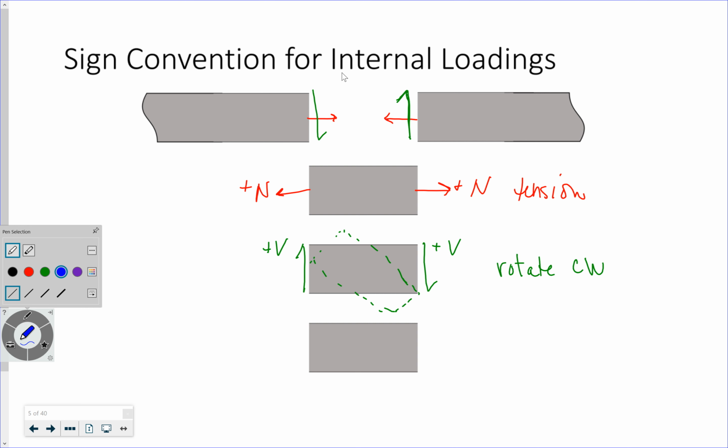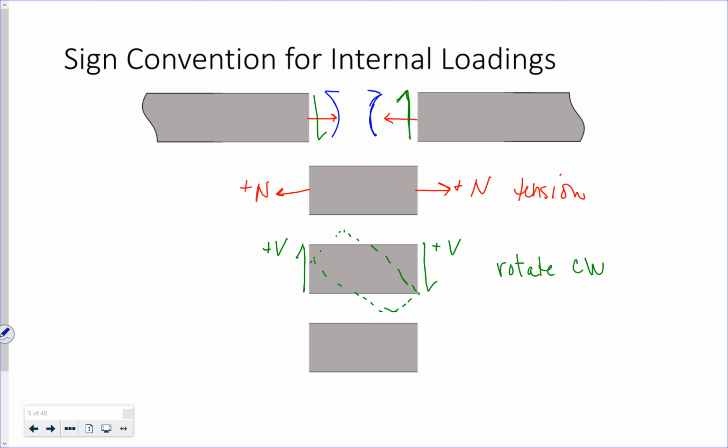And then finally we have our moment. That's my little half arrow. This is positive moment. It's called positive because it's happy. Right, see my little smile right there? It's also concave.